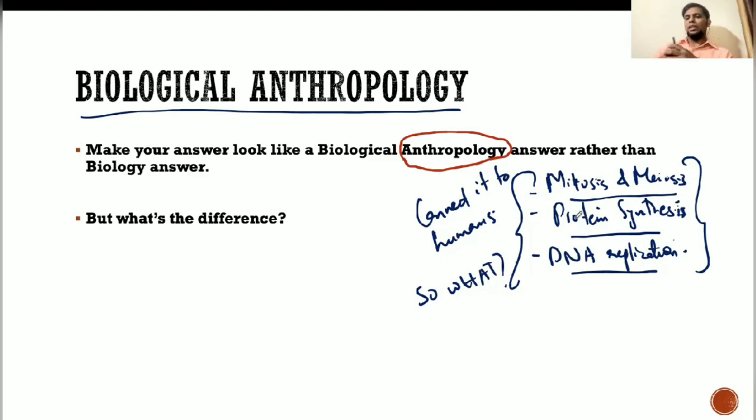Mitosis is essentially creating two daughter cells of the same type, and meiosis is basically going to be more about sperm production and egg production. Haploid, diploid, all of those sort of things that you'll probably talk about.